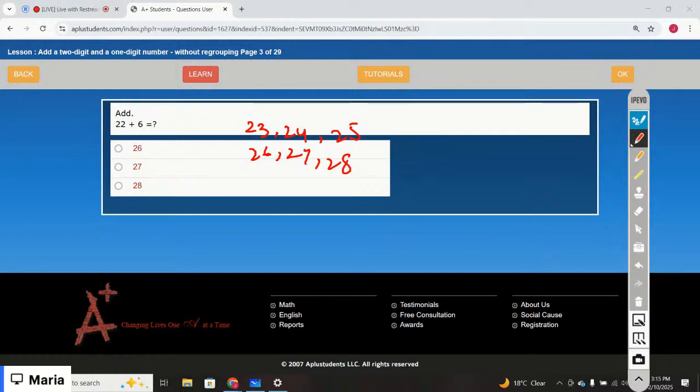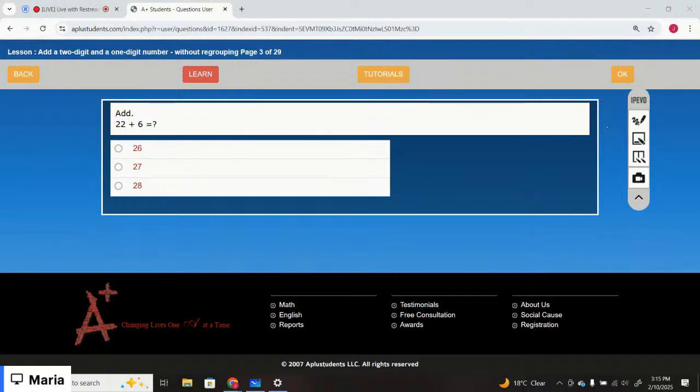So 22 plus 6 is 28. Option number 3 is the correct option.